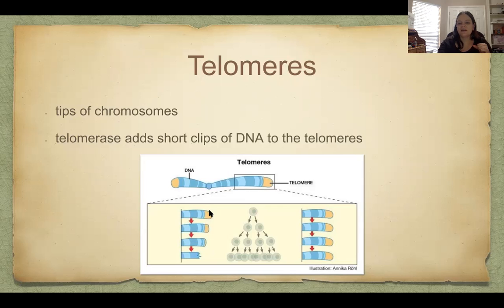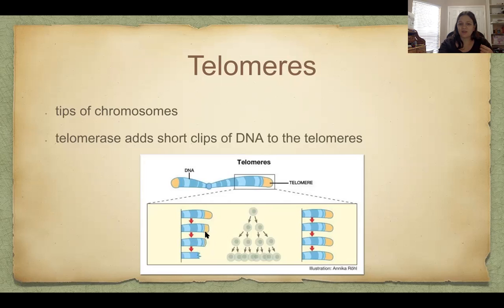And it's really difficult for DNA polymerase to get all the way to the end of a strand of DNA because it doesn't have anything to hold on to at the end. And so over time, what could happen is that you would start to lose information. The telomeres don't necessarily have anything crucially important to the cell.